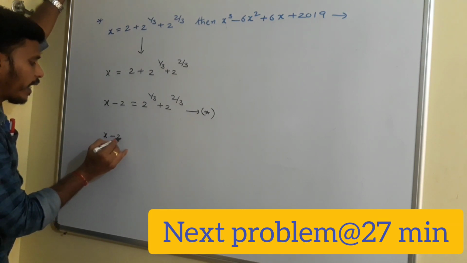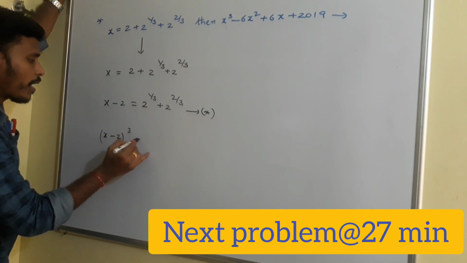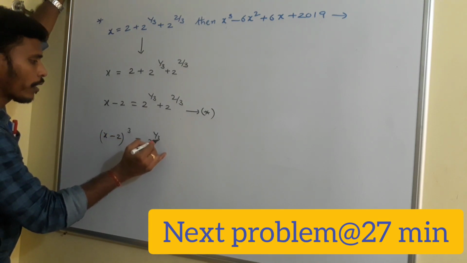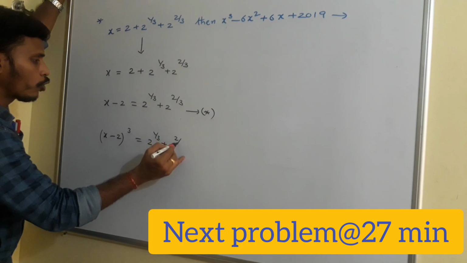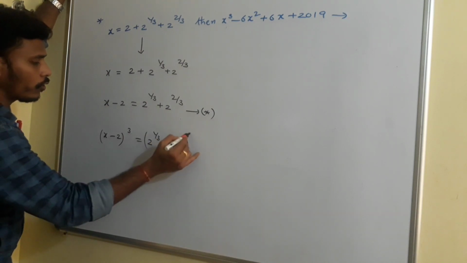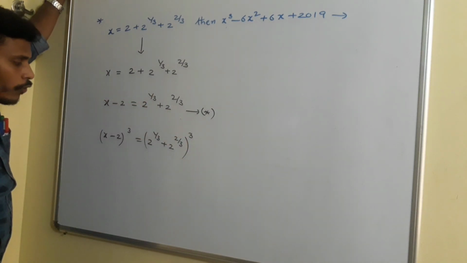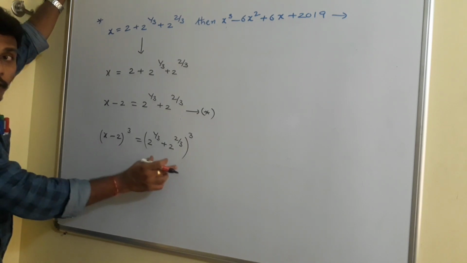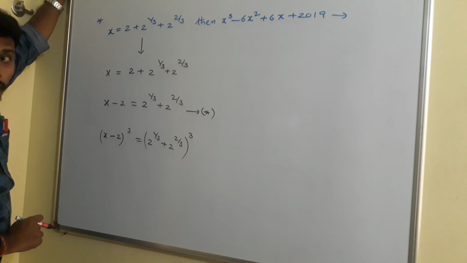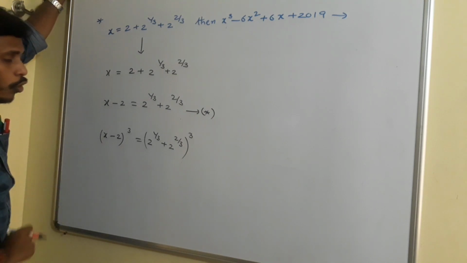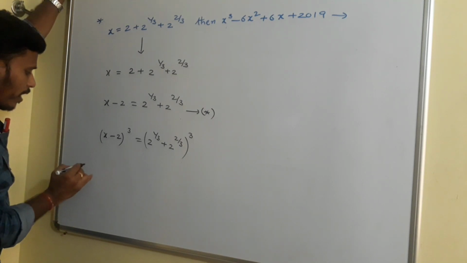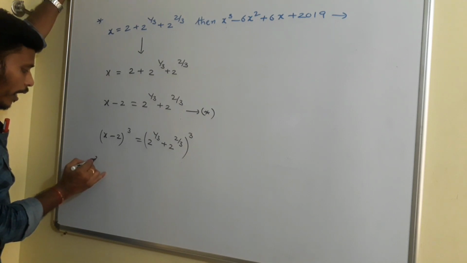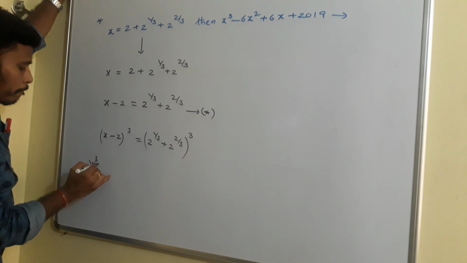Next step, by taking cube on both sides, (x minus 2) whole cube is equal to (2^(1/3) plus 2^(2/3)) whole cube. Now you need to apply the (a minus b) whole cube formula on the left side and the (a plus b) whole cube formula on the right side.